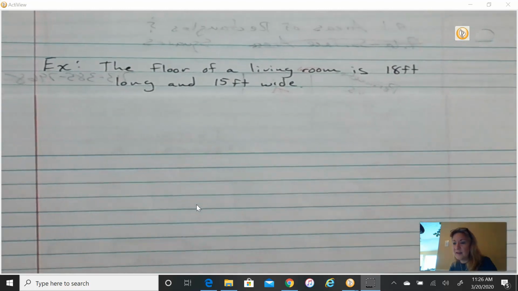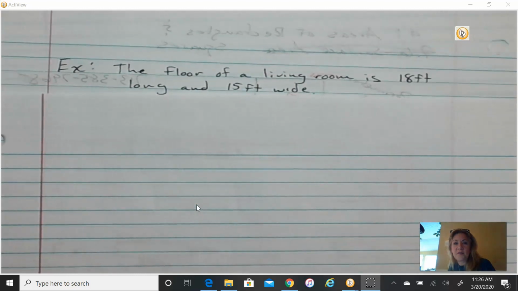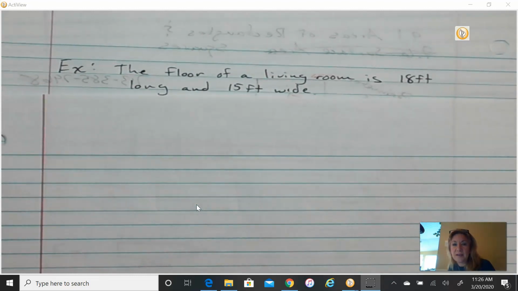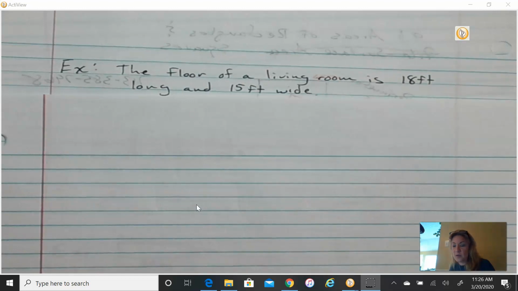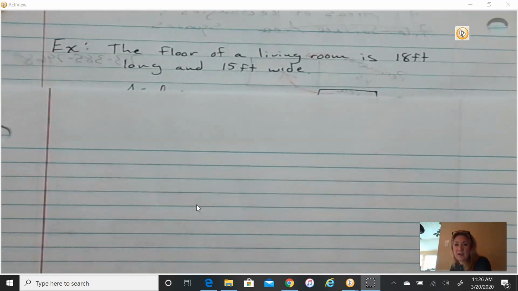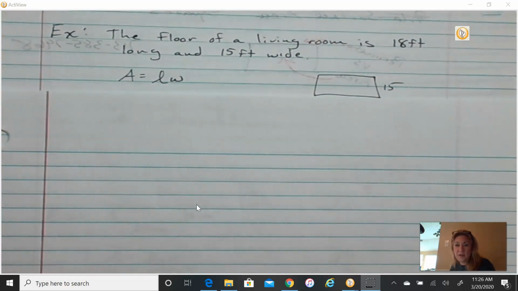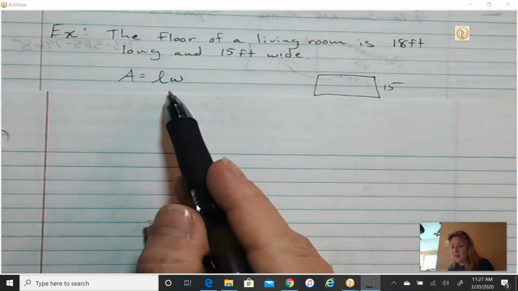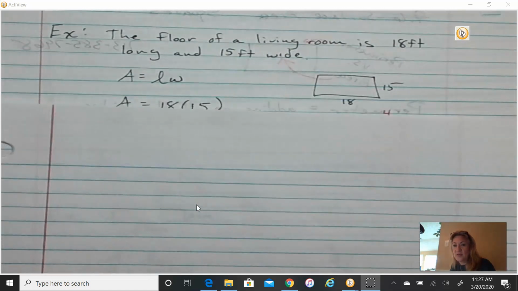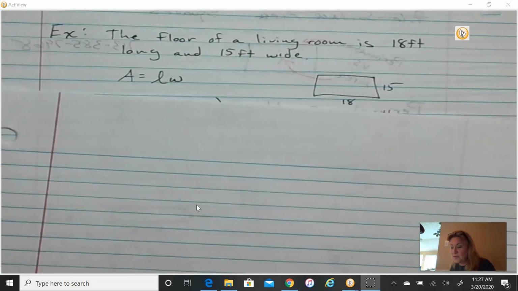Okay, let's say that the example is the floor of a living room is 18 feet long and 15 feet wide. They want you to find the area. Okay, so that's the formula. Area equals length times width. And I drew out a picture. You can always draw out a picture so that you kind of have a visual.